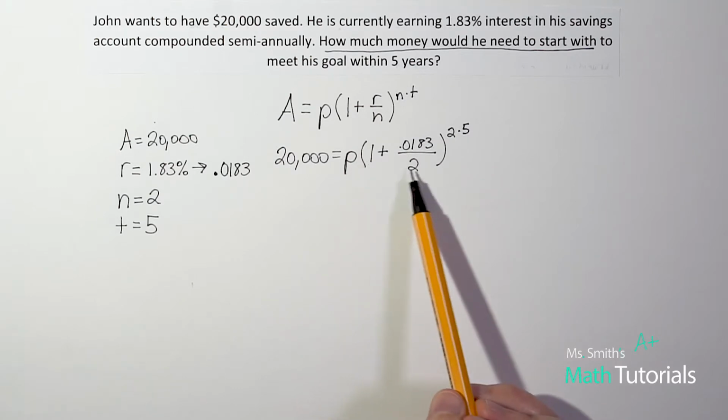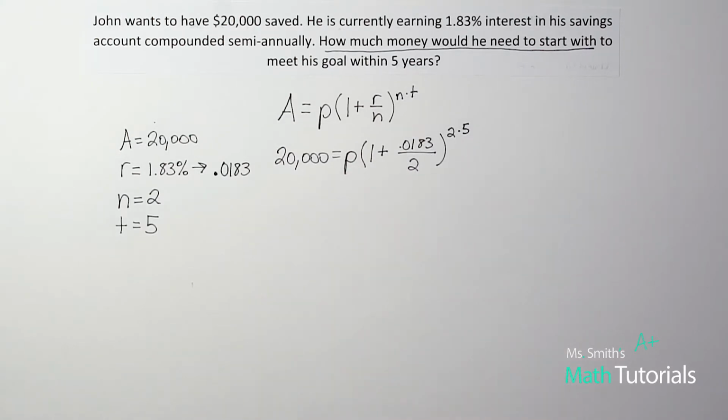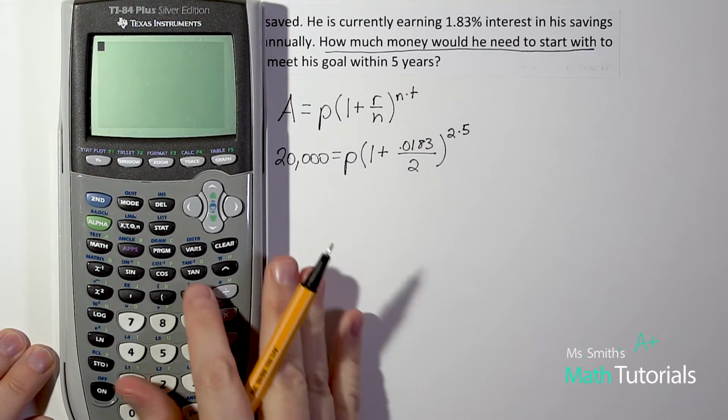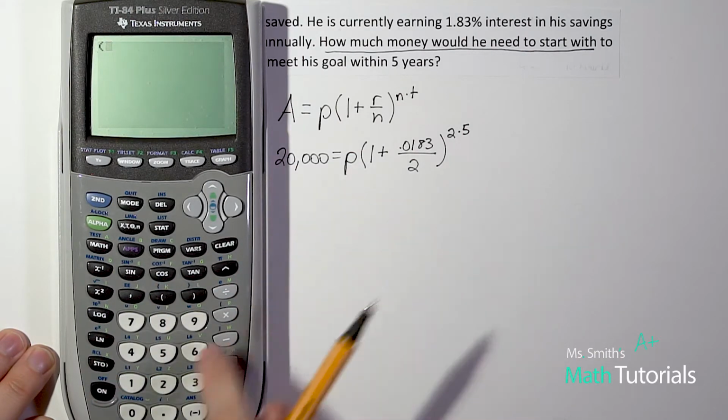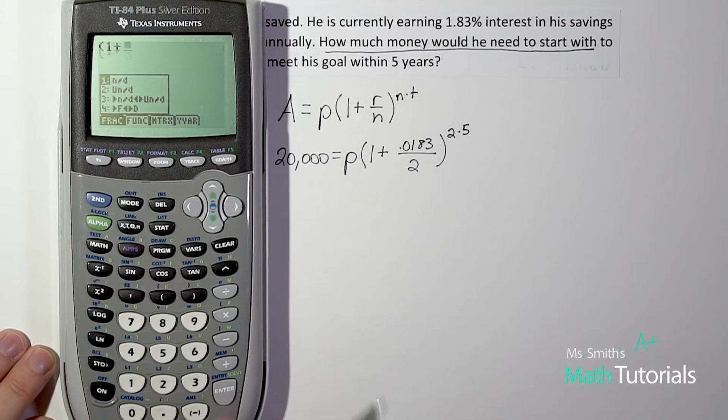I could simplify that part. That part's just being multiplied by P, right? So I could go ahead and just put that part in my calculator and simplify it. So we'd put our parenthesis 1 plus, I'm going to use that little fraction, 0.0183.